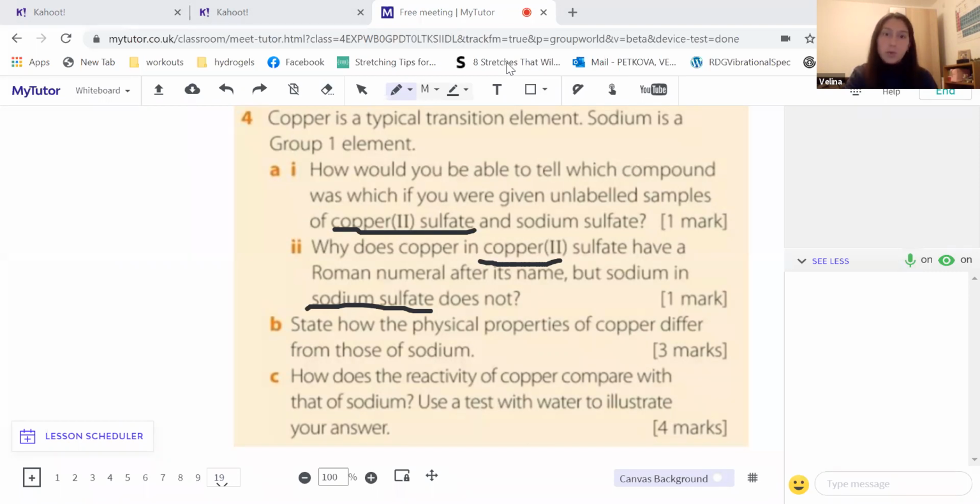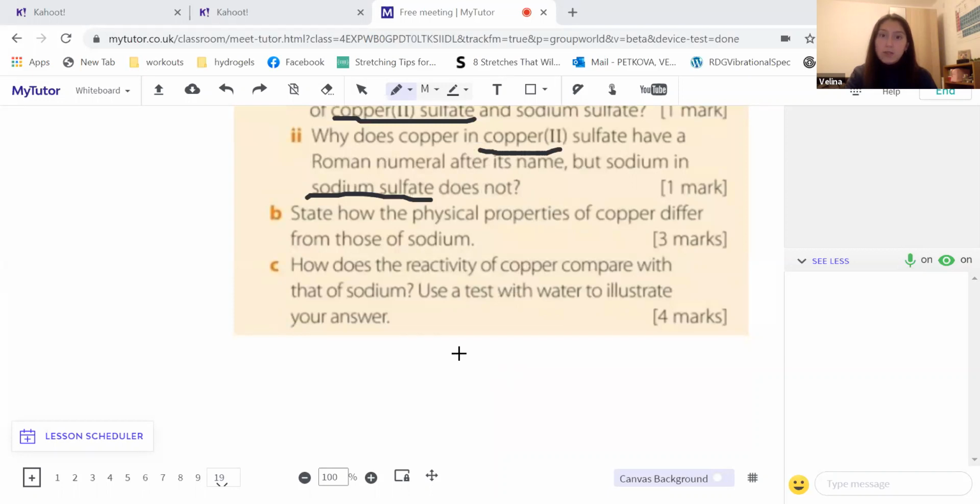Hard and strong, high density. Brilliant. So perfect. So your copper is much harder. It's also much higher density. Brilliant. Perfect. High density, exactly.